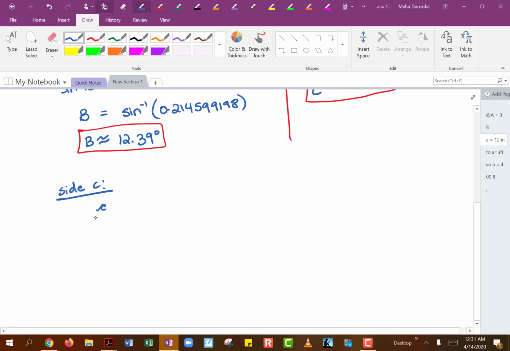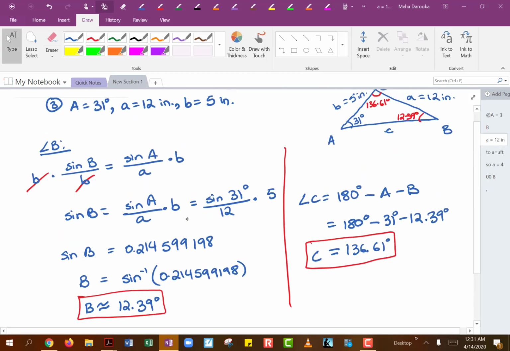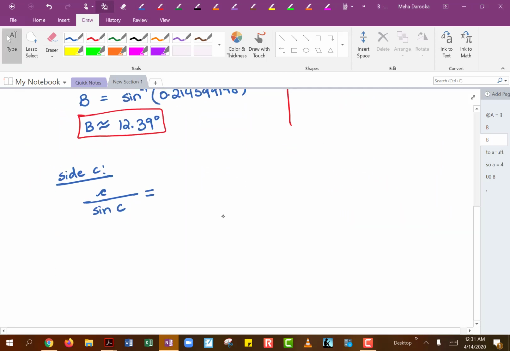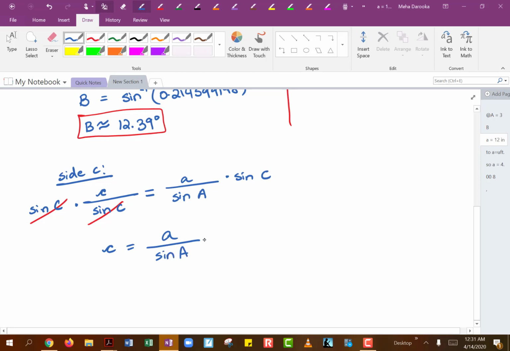So we'll have side C over sine of angle C, and is equal to, I'm actually going to fall back to my side A and angle A. So A over sine of angle A. Since we want to get side C by itself, I'm going to multiply sine of C on both sides, cancel it out, and you get side C equals A over sine of A multiplied by sine of C.